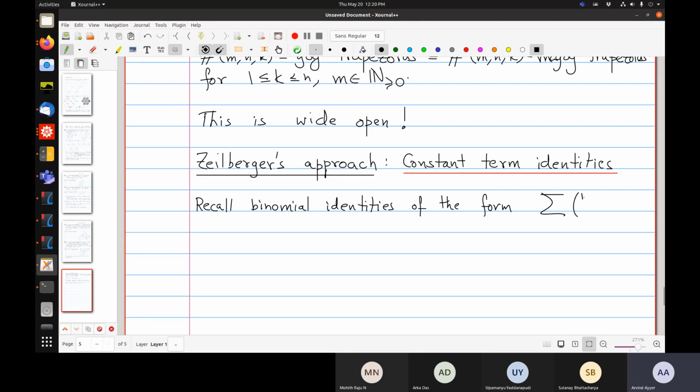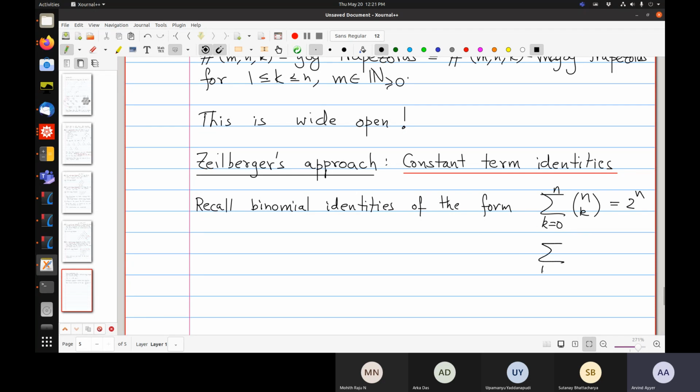summation of n choose k, k going from 0 to n. If k is less than 0, then it's 0, and k greater than n is 0, so one doesn't need to say it. This is kind of easy. We have seen this.